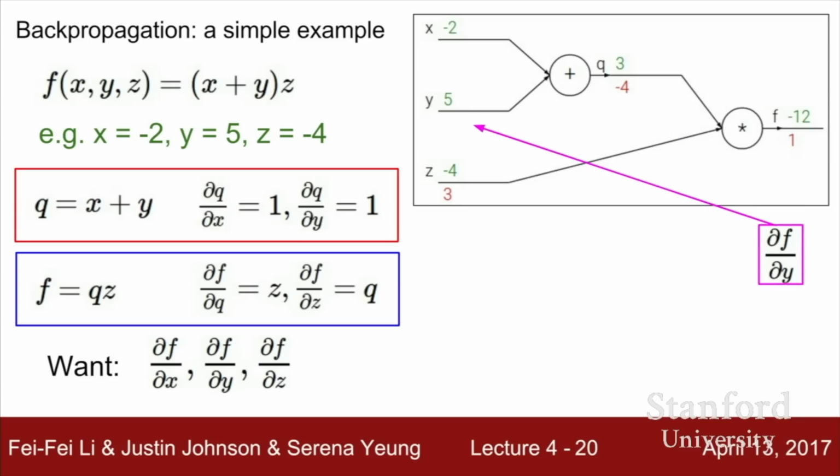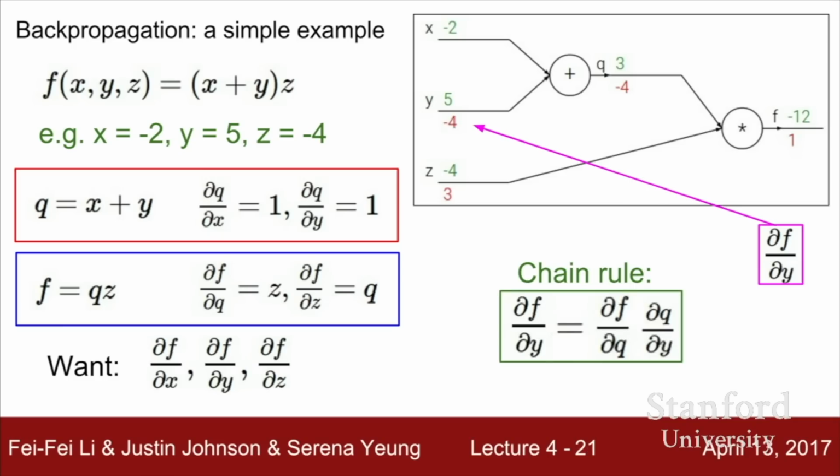OK, so now continuing to move backwards through the graph, we want to find df over dy. But in this case, the gradient with respect to y is not connected directly to f. It's connected through an intermediate node, q. And so the way we're going to do this is we can leverage the chain rule, which says that df over dy can be written as df over dq times dq over dy.